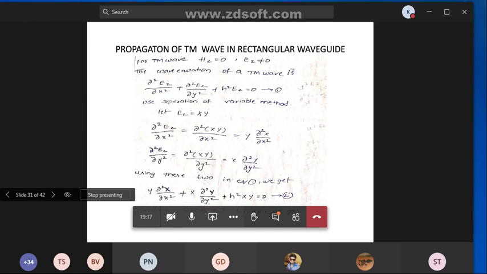And we know the wave equation for a TM wave; in the last class we have discussed this one. The wave equation for a TM wave is dou square Ez by dou x square plus dou square Ez by dou y square plus h square Ez equal to 0. So it is the wave equation of a TM wave.